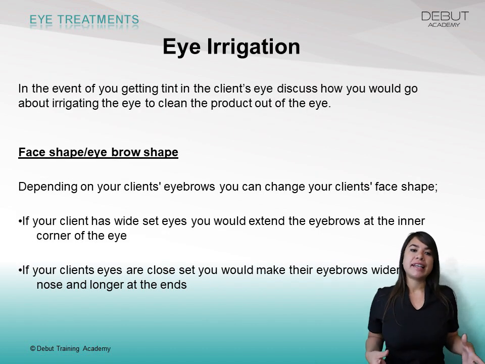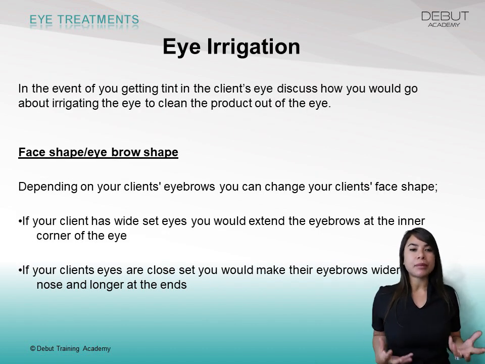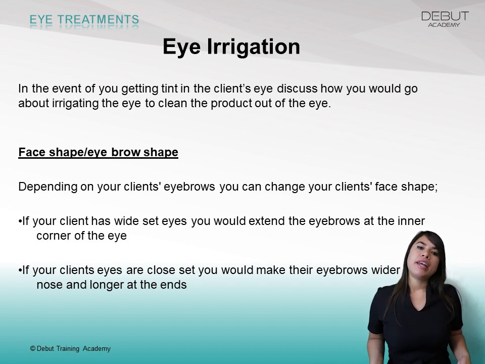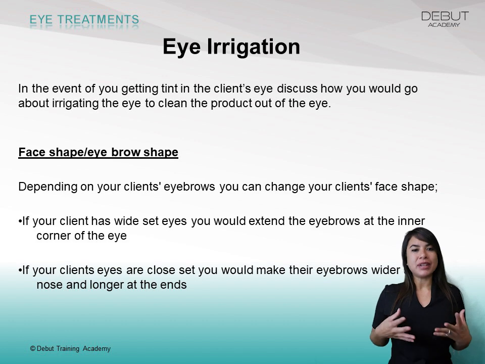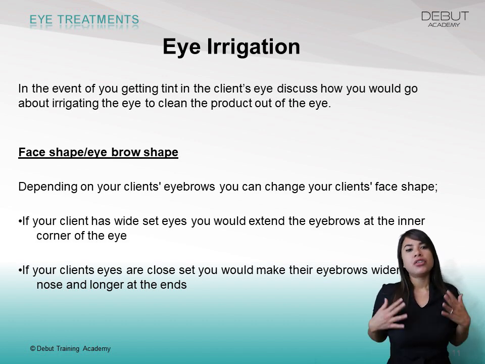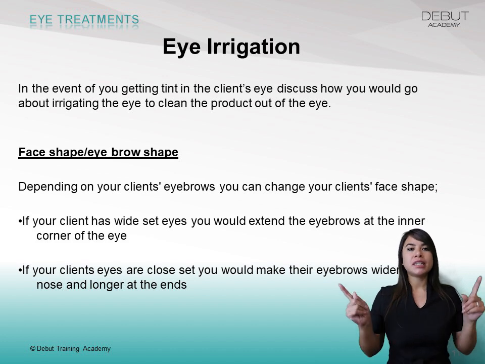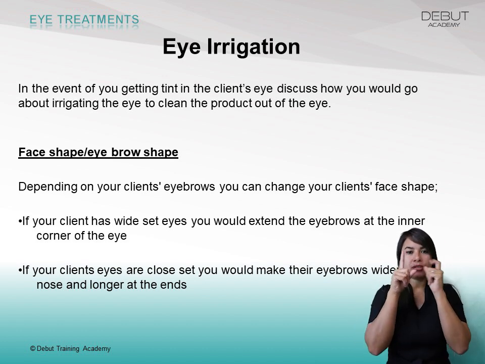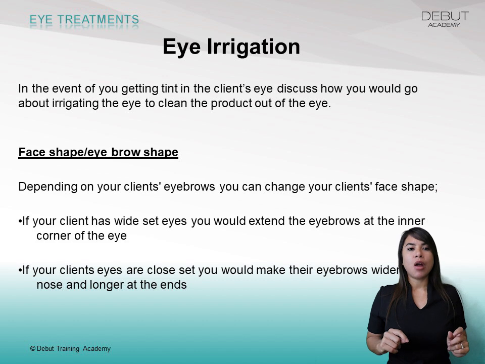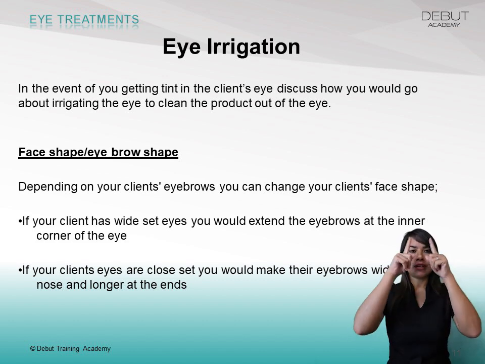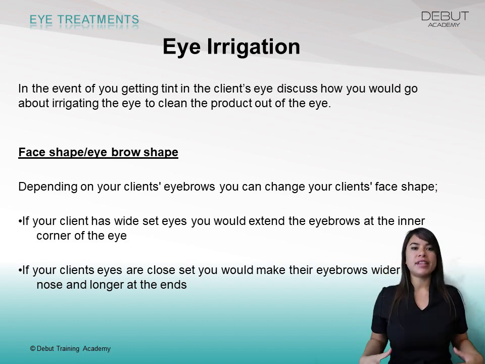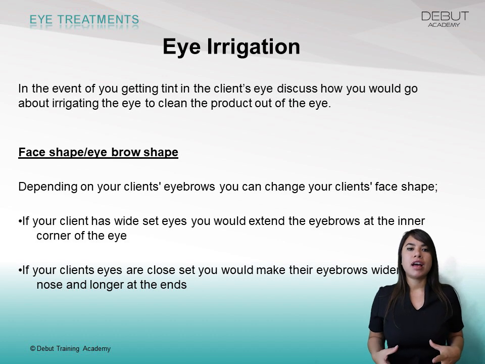So when you're looking at eyes and the eye shapes and how you're going to shape the brow will depend on your features. So we may look at the face shape, but we need to look at the eye positions and the eye shapes that you have. So when you've got a wide set eye, you need to bring the inner bits of your eyebrow closer together, and when you've got a close set eye, you need to start them further apart, and this gives the illusion that your eyes are not so close or wide set.